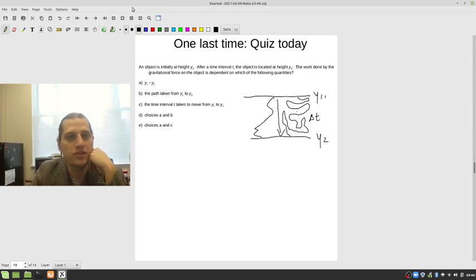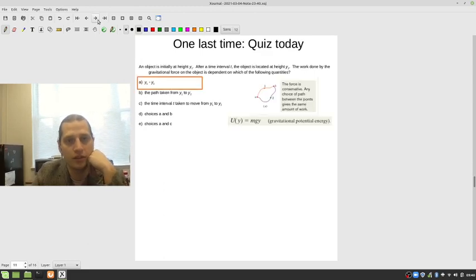So this problem has to do with what we mean by conservative forces. If we're talking about a conservative force, all we care about is the starting position and the final position. And so the whole thing about how much gravitational energy has been released is going to just depend on the change in y.